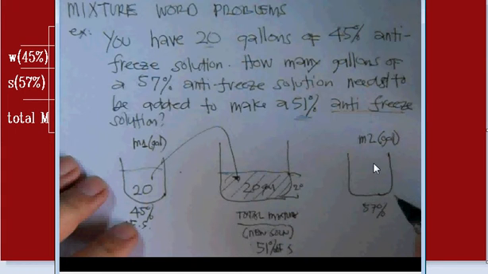But we do not know the volume to be added from the 57% solution, and we know that we have to come up with a 51% anti-freeze solution.